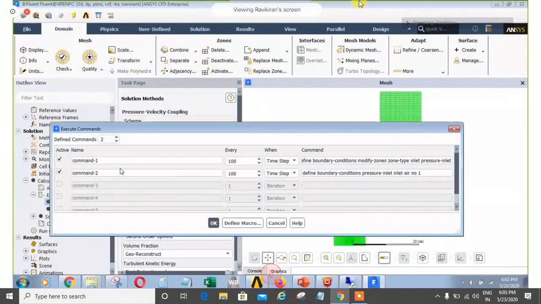So we have two commands. The first command will be activated after 100 time steps, such that the defined boundary conditions change.